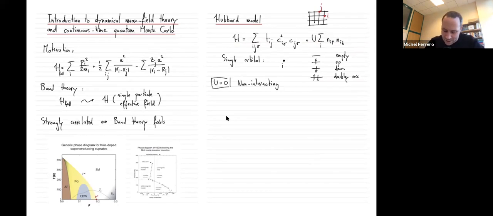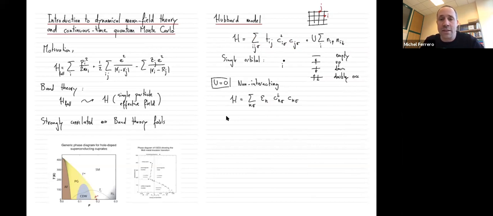Well, in that case, the Hamiltonian only has this kinetic term right here. This is a quadratic Hamiltonian, and it's something that I can diagonalize by just going to Fourier space. So in that case, I can just write H. It will become some sum over k and spin of epsilon_k c†_{kσ} c_{kσ} once I went to Fourier space. And basically that epsilon_k is nothing but the dispersion of your lattice.